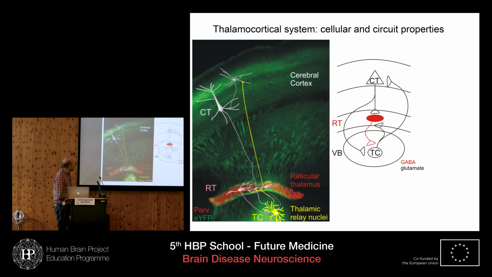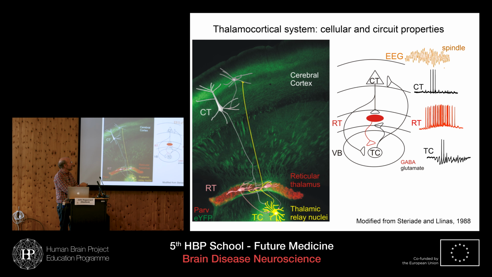And so why are we so interested in this? It turns out that this thalamocortical circuit is what is responsible for the generation of that sleep spindle. And this was very well studied by Martin Deschênes and Mircea Steriade in the 80s, again in cats with intracellular studies.